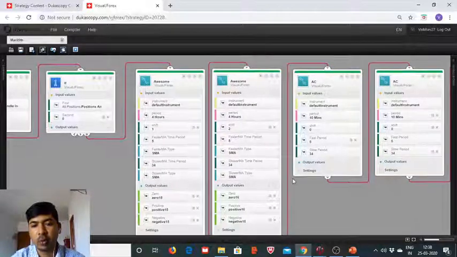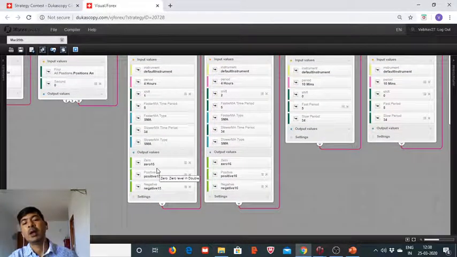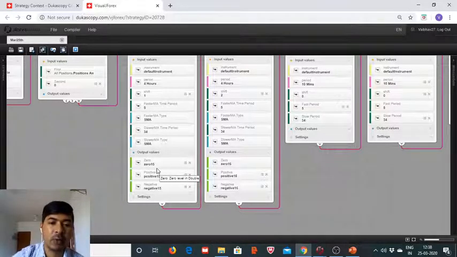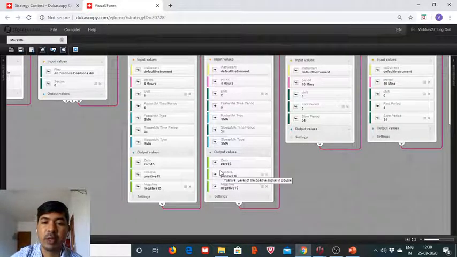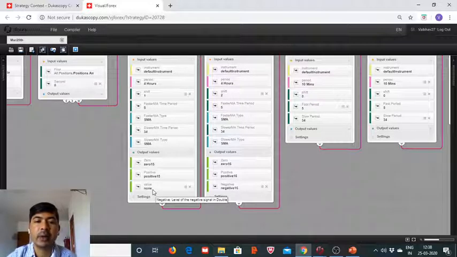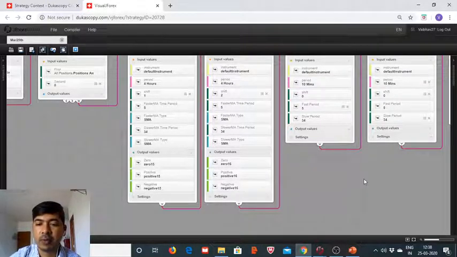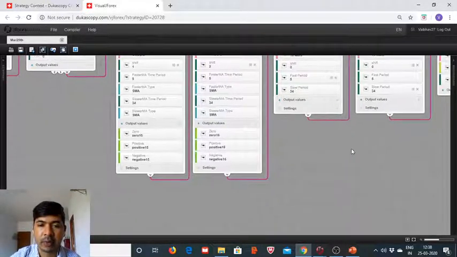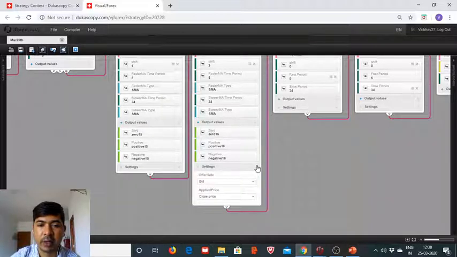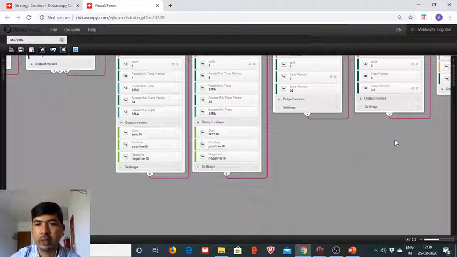Then these are output values. While looking for a buy trade, the algorithm will be keeping focus on the positive values. For sell trade, the negative values will be in focus. And these are defined on the bid side, closing price.